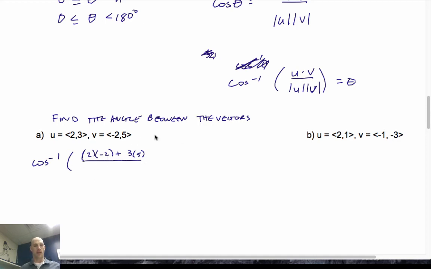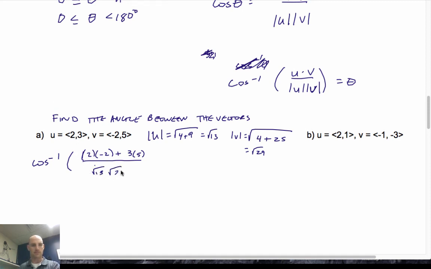The magnitude of u is the square root of 4, which is 2 squared, plus 9, because it's 3 squared, so root 13. And the magnitude of v is the square root of 4 plus 25, so root 29. So on the bottom, I'm going to have square root 13 and square root of 29.